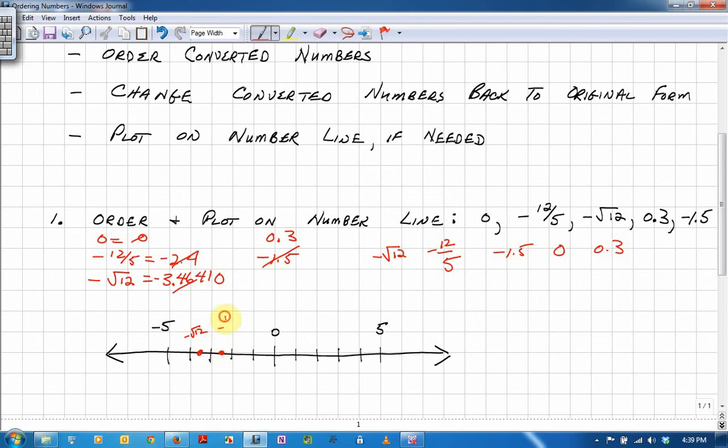It's negative 12 fifths. My next number is a negative 1.5. Then I have the number 0. And finally I have the number 0.3. So now I've put them on a number line, and that's it.